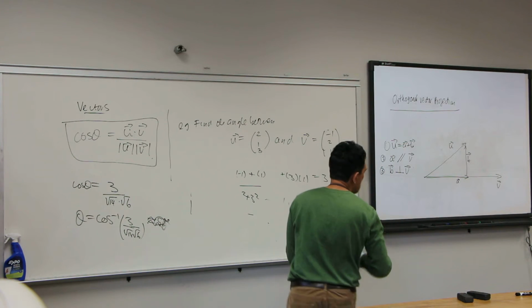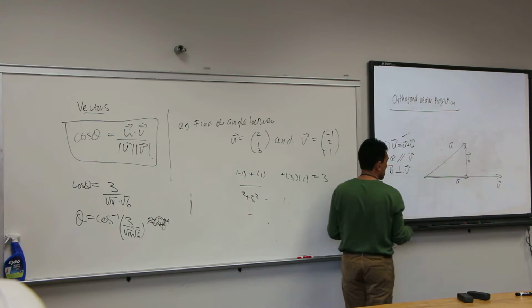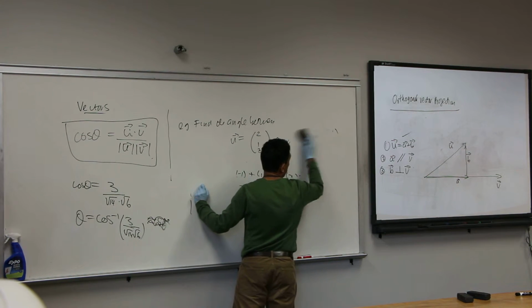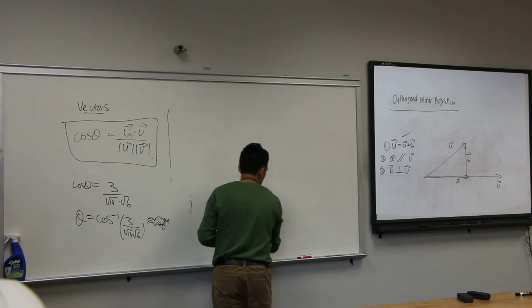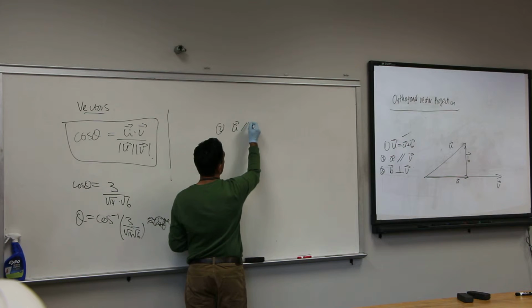Well, this one is easy. Once you find A, B will be U minus A. The question is, how do I ensure number two, that A is parallel to V?